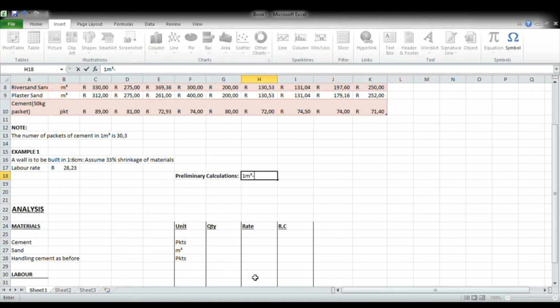So it's going to be minus 33%, which gives us 0.67 cubic meters wet mortar.